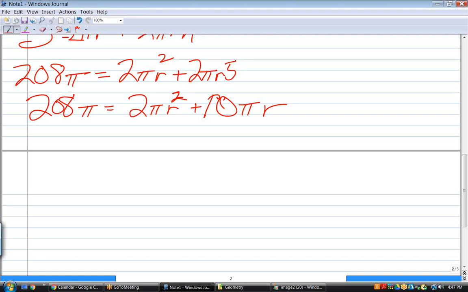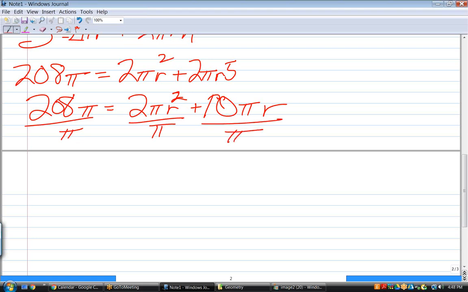Can we make the numbers at all smaller? Can we get rid of pi? Yeah, I think so. Well, we can certainly divide both sides by pi, for starters. And when I divide the right side by pi, I have to divide every term by pi.